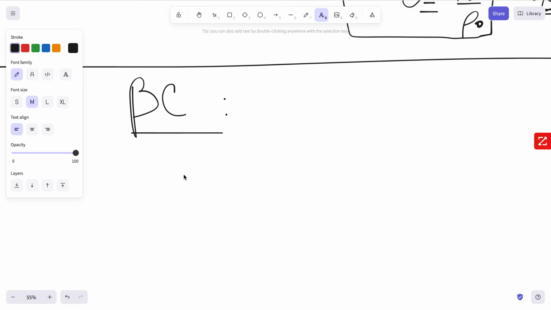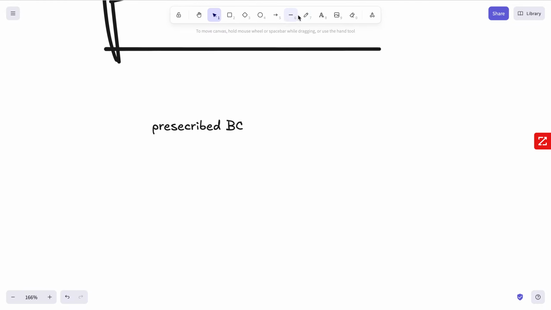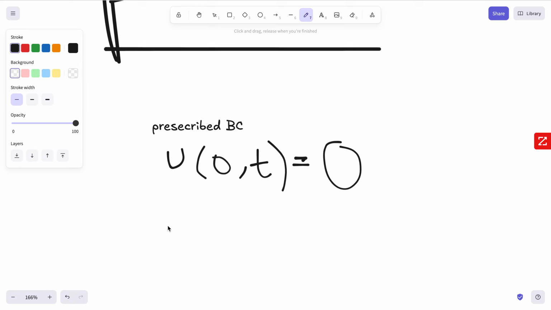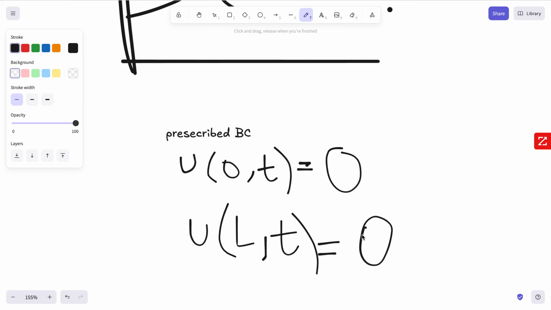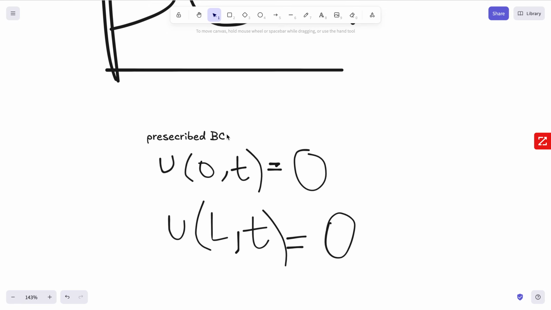First, prescribed boundary conditions, which is where we say that the boundary condition at u of 0, t equals some value, say 0, and at L, t equals some value, say also 0. This is called a prescribed boundary condition, but we can also call it fixed ends.